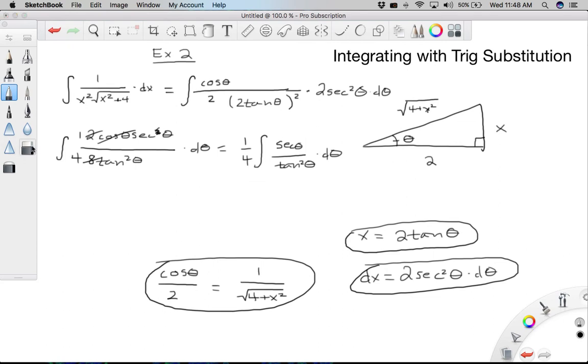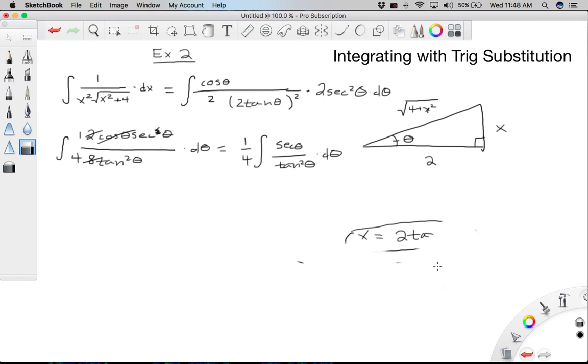I'm going to go ahead and erase my 3 substitution rules here. Okay. I'm going to expand my tangent into sine over cosine.